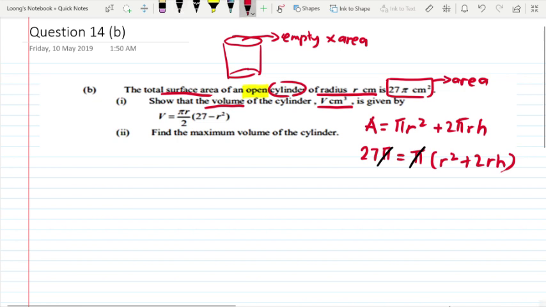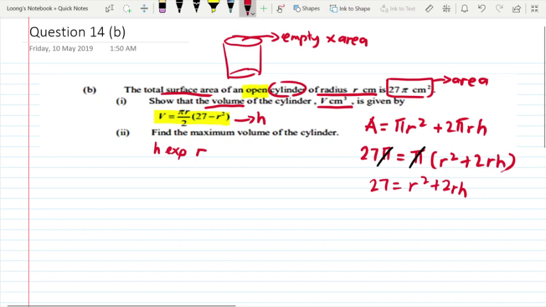Later then it is 27 equals r² plus 2rh. Also take note that in this equation, we didn't have any h. So in other words, h is being expressed in terms of r.